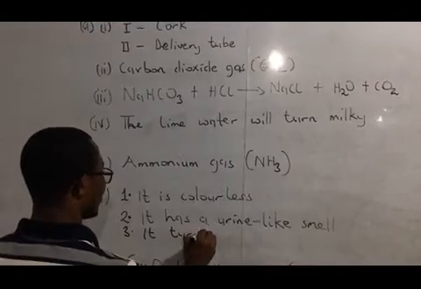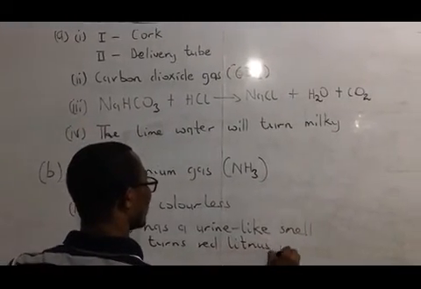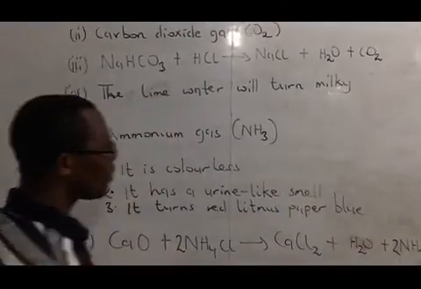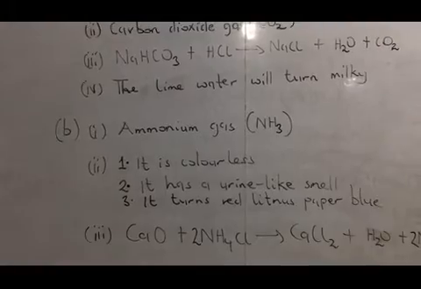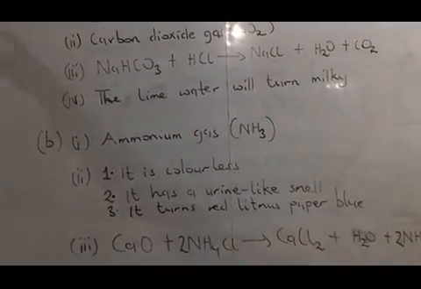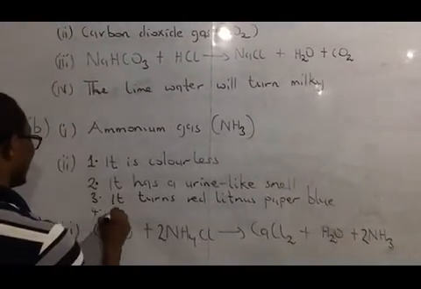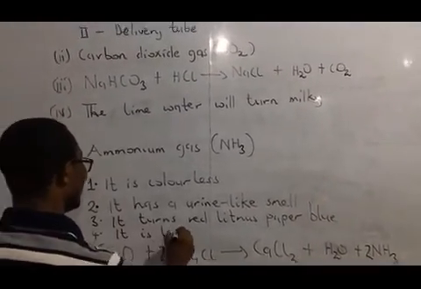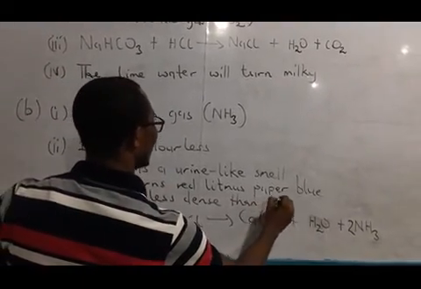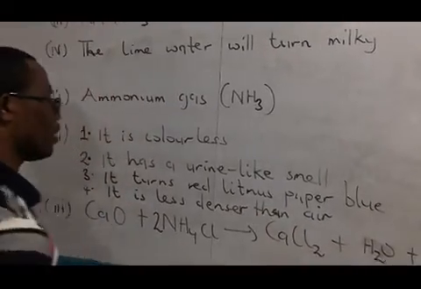It turns red litmus paper blue. In terms of density too, I told you that ammonia and hydrogen gas are collected by upward delivery because they are less dense than air. So you can also write that it is less dense than air.